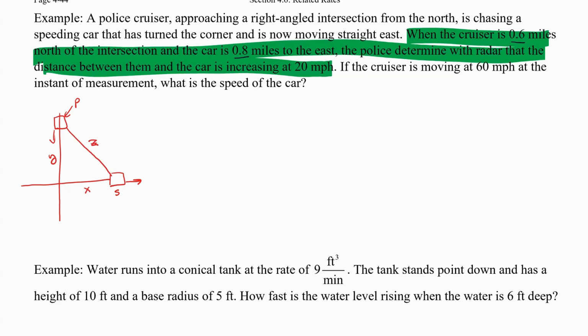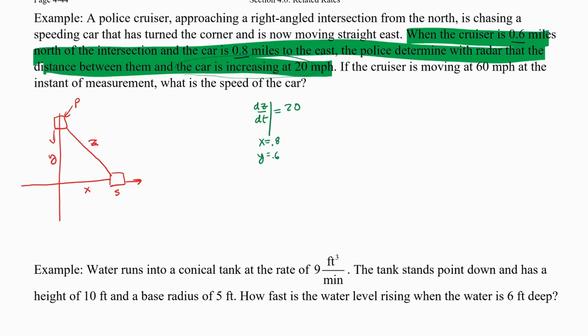And that is the rate of change is 20 miles an hour. dz dt equals 20 when x, which is the speeding car, is 0.8 and y, the police cruiser, is 0.6. So I've taken all that sentence and I have converted it into a statement about a rate of change.